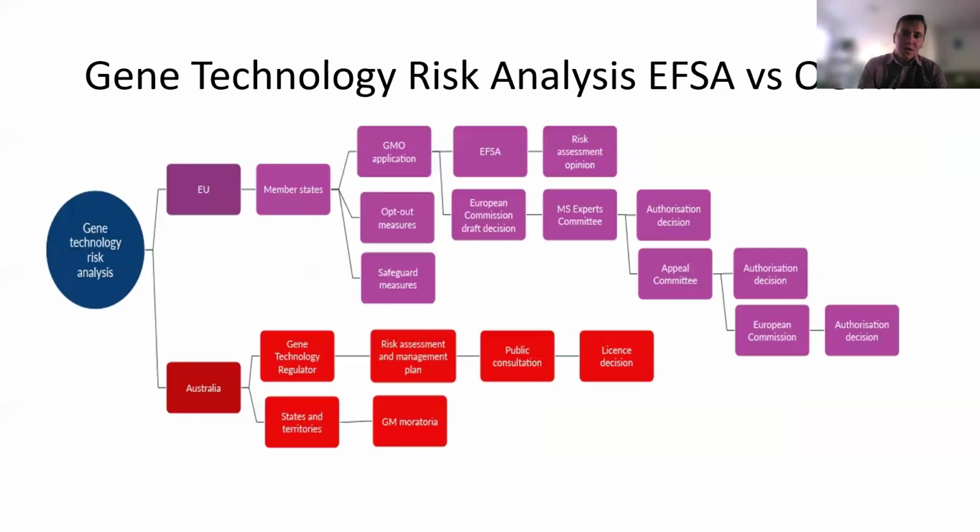And here you can see I've conducted some comparison between risk analysis conducted in the EU and Australia. If you look at Australia, the difference is obvious because, as I mentioned, in Australia the process is more straightforward, and there are not so many stages in this process.